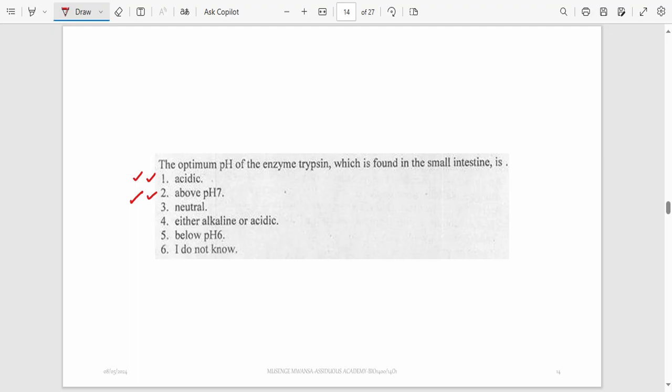Okay, now I want to get reasons. Those who have said above 7, and those who have said acidic, can you tell me the reason for your answer? Okay, thank you. And then those who have picked acidic, let's have one. Yes, Cecilia.